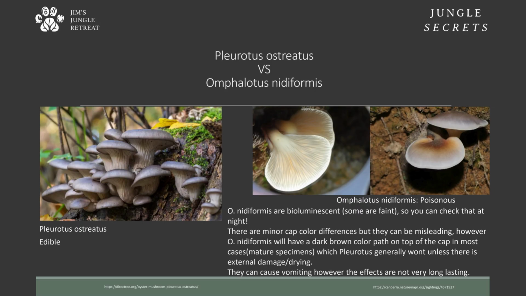So really get it identified properly before eating a mushroom. These are common mistakes that people make, is what I wanted to show you. They are very similar looking, but still very different. You won't find a patch like this on a lot of oyster mushrooms, but it's on Omphalotus.